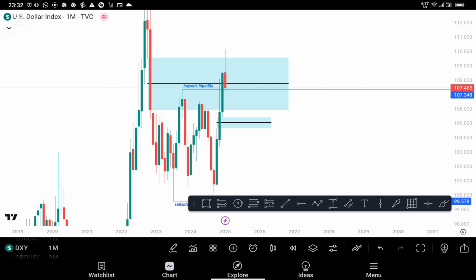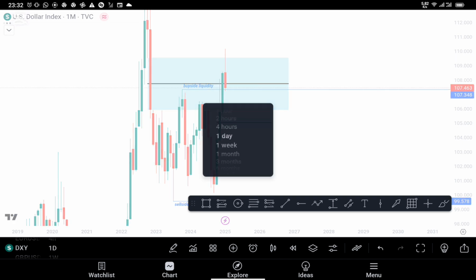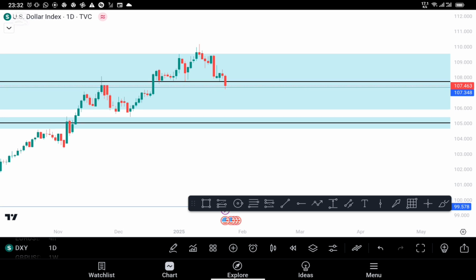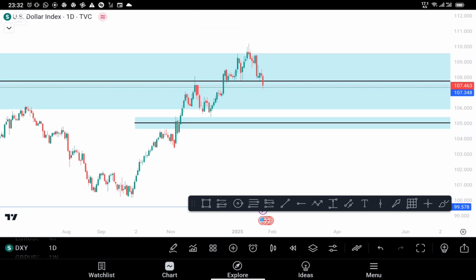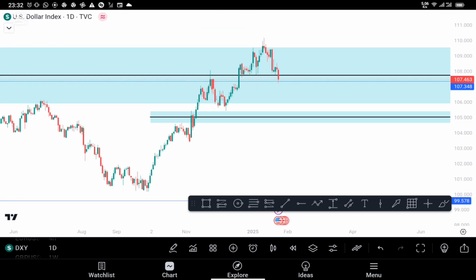Okay, and then when we go to daily, we see that the market has been in a trend line, in an uptrend. And then suddenly it has changed direction. It's no longer going in an uptrend.